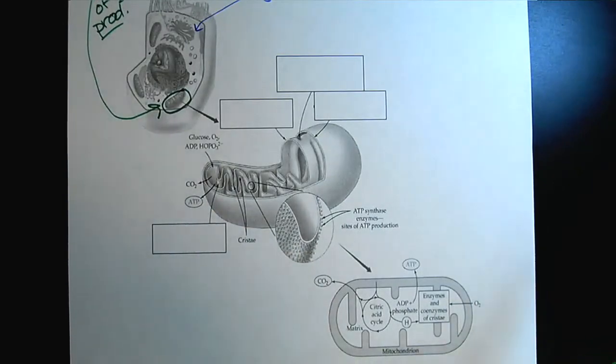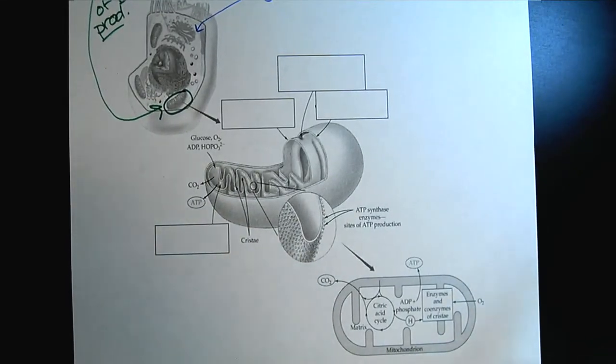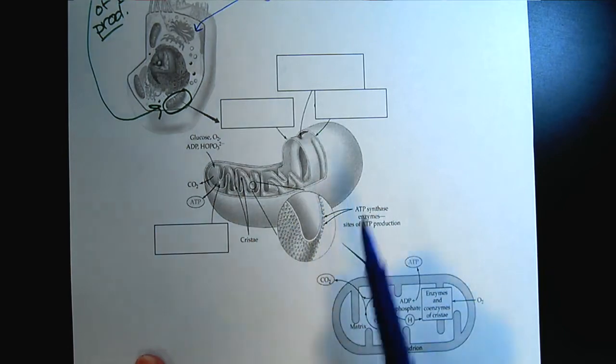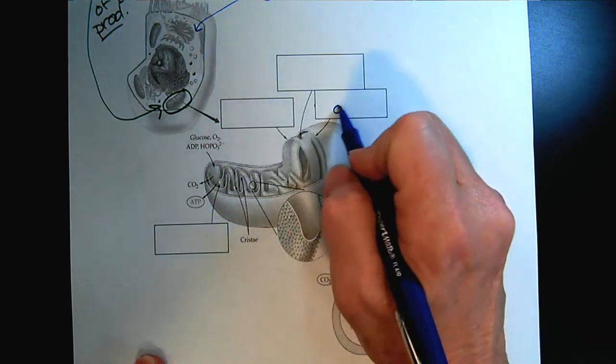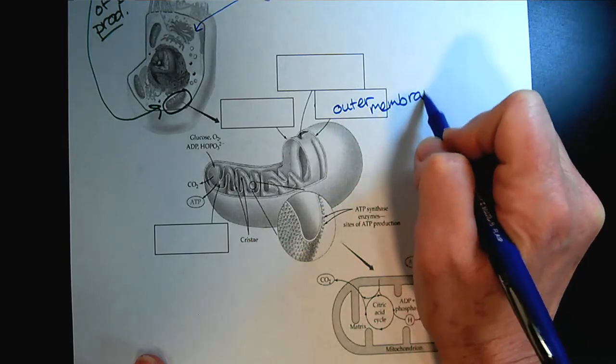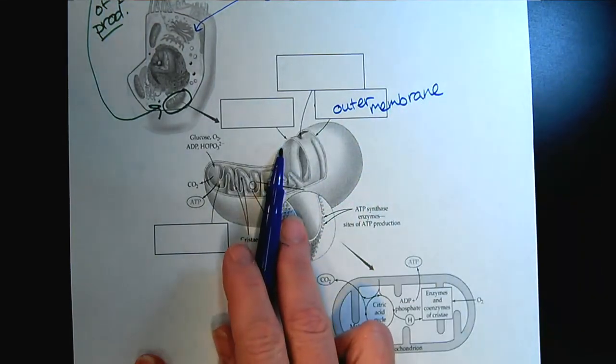I feel like this schematic does a good job of helping us keep our bearings. The mitochondrion has a double membrane layer. We have this outer membrane, and then there's the inner membrane.